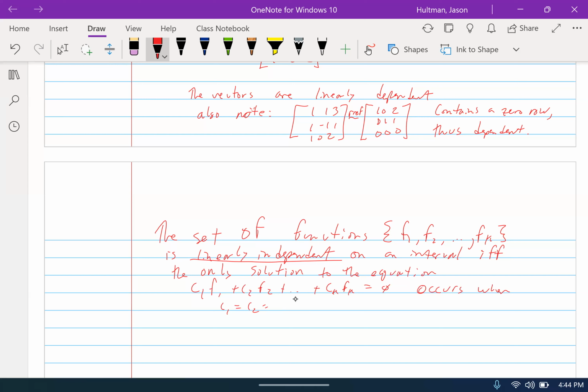It's very much a trivial case, because if all of the constants are 0, then it's going to go to 0. That doesn't really tell me anything about the functions. Could have plugged anything in there. But if it equals 0 only when all of these are forced to be 0, then it is linearly independent.